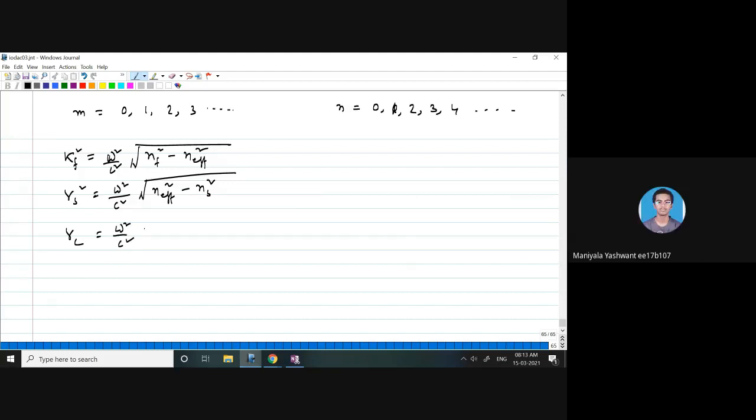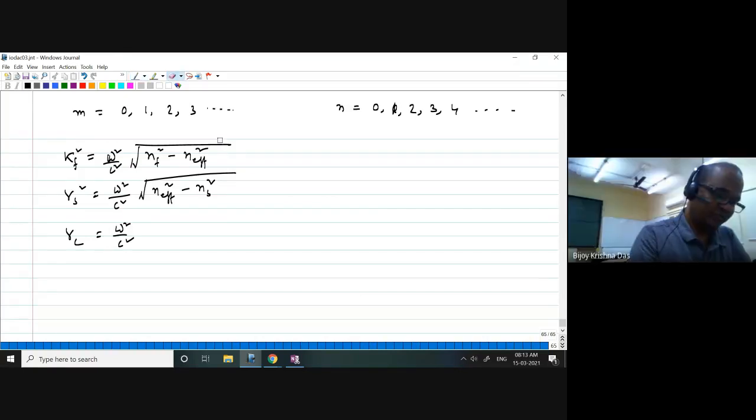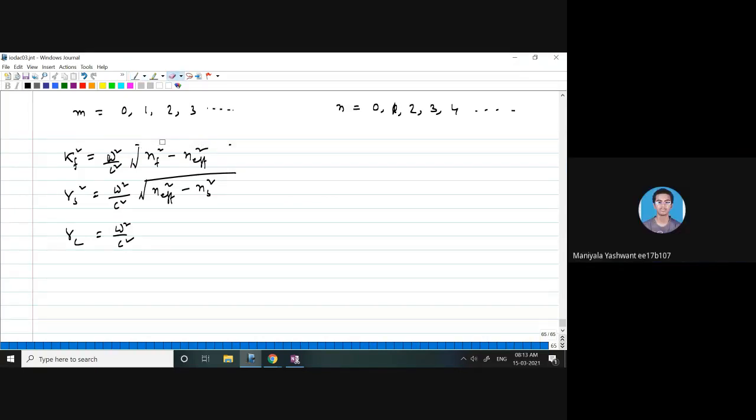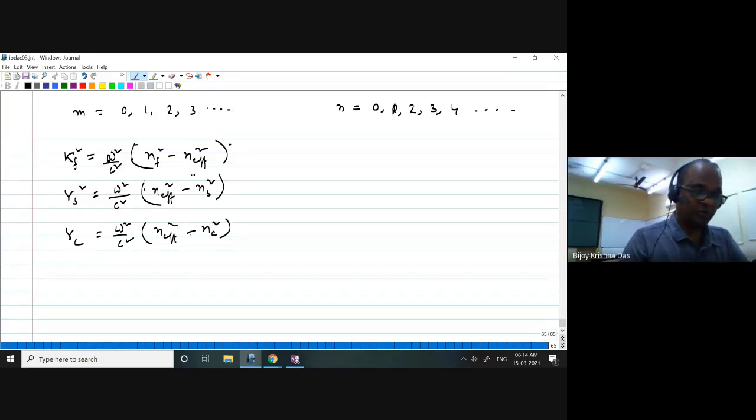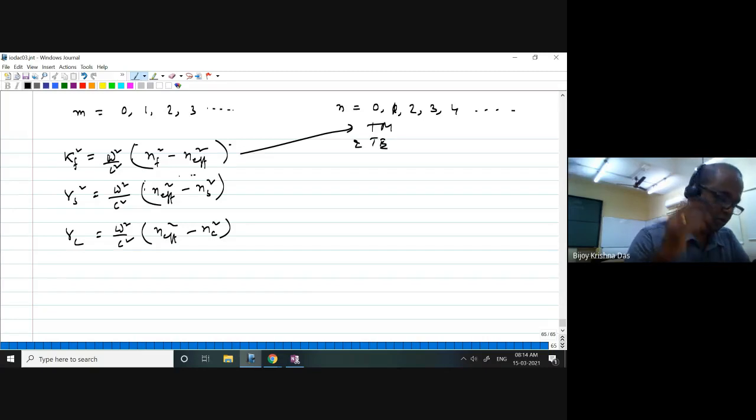Sir, there won't be square root, like if you're taking square on both sides. Yes, that's correct. So this is the thing. Sorry for that. Anyway, I think this is okay. So N effective square minus NC square, right? So this thing is true for TM also. TM and TE, both cases, this thing is considered, right?